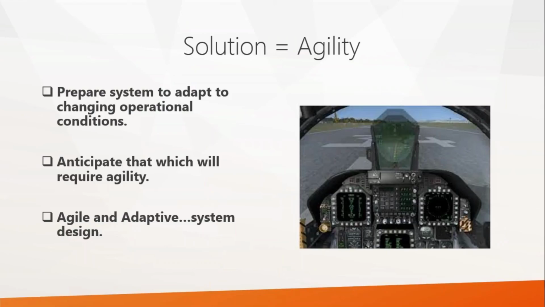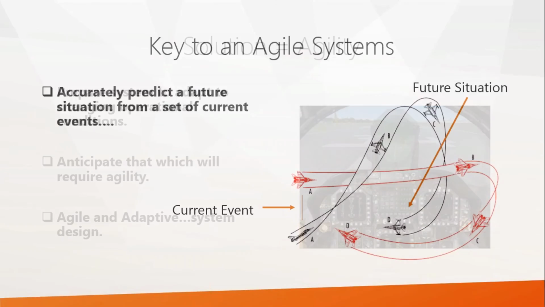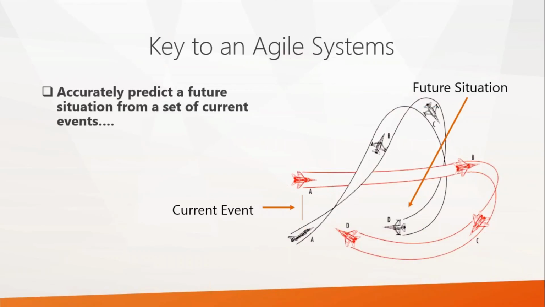What that means is preparing systems to adapt, the ability to accurately predict. Graphically depicted, you can see the current event, which would be shown at A, and the ability to predict this particular agile maneuver is key to success. So you have to be able to figure out what is the likely future situation given that set of events.